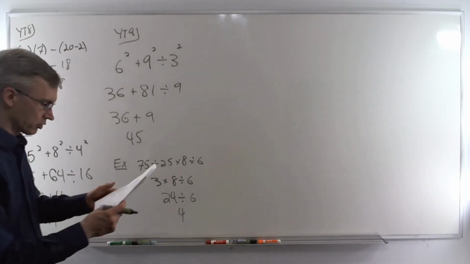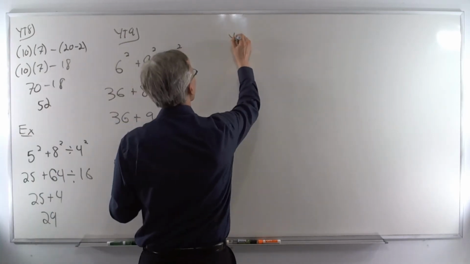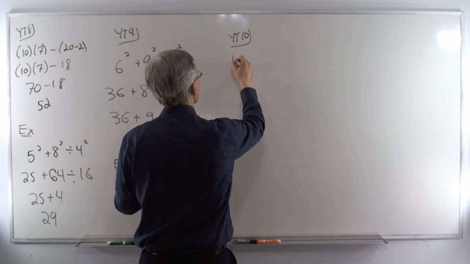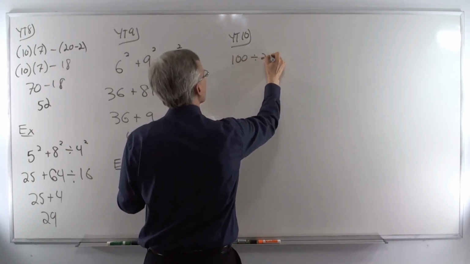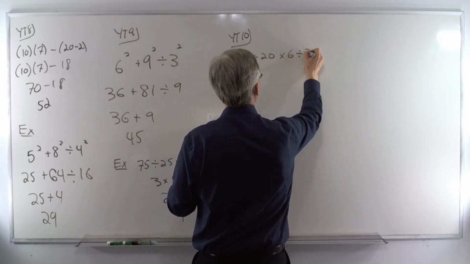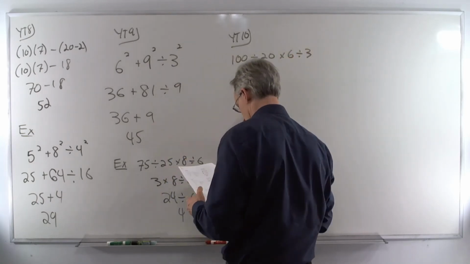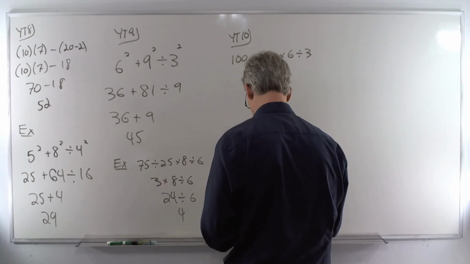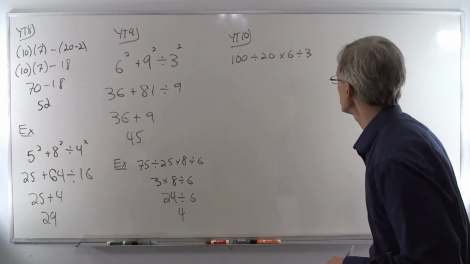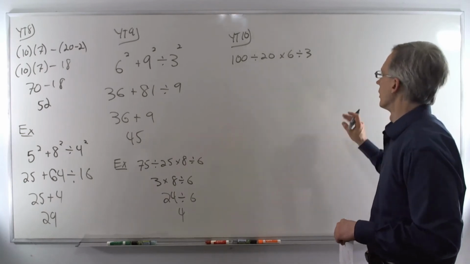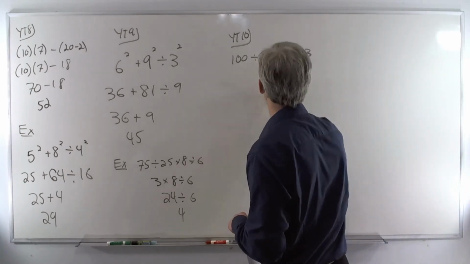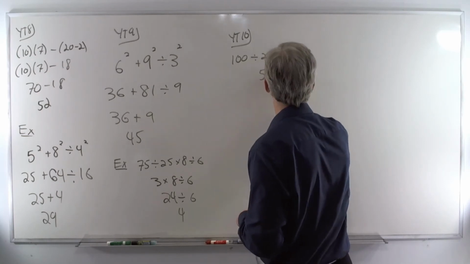And that brings us to your turn, number 10. All multiplication division, so work left to right. 100 divided by 20, that is 5.